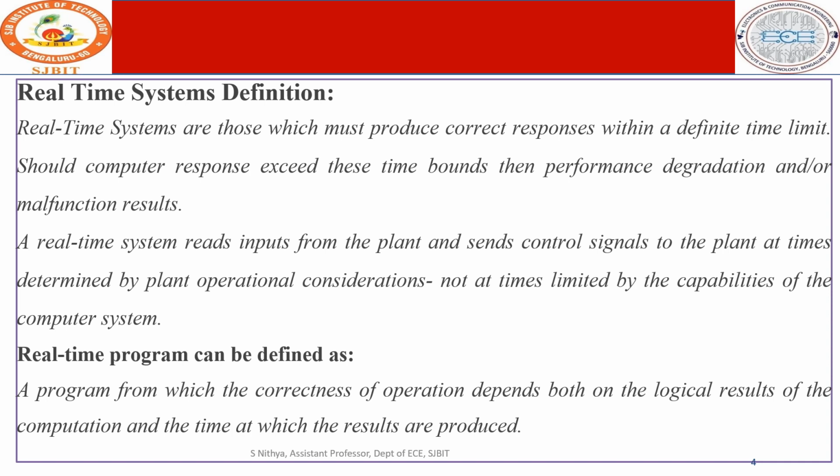Mainly, real-time systems are those in which timeliness is as important as the correctness of the output. A real-time system must produce the response within a predefined time limit. So that is the major definition of real-time systems.